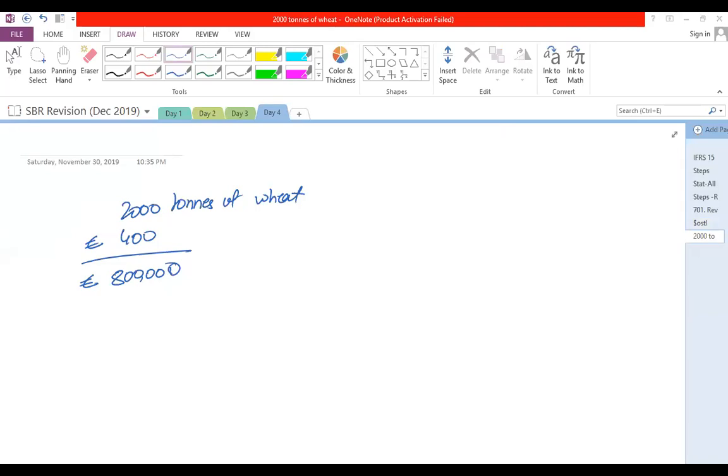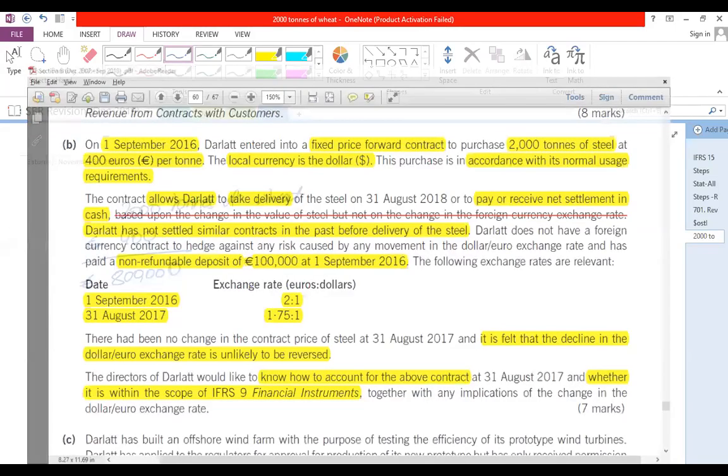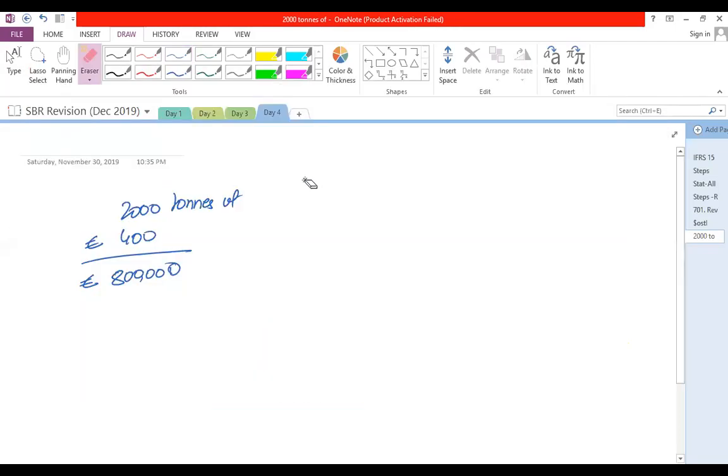And the rate was initially 2 euro per dollar. And later on, it was changed to 1.75 euros per dollar.